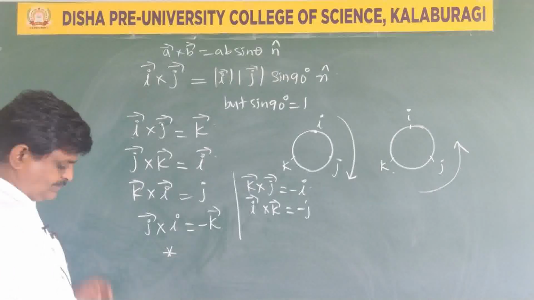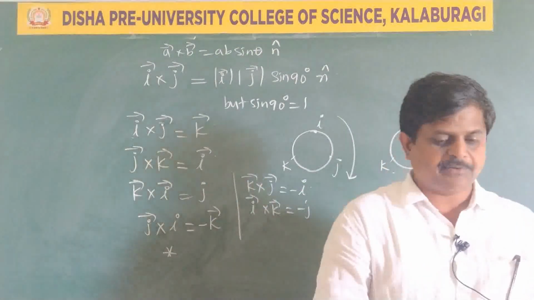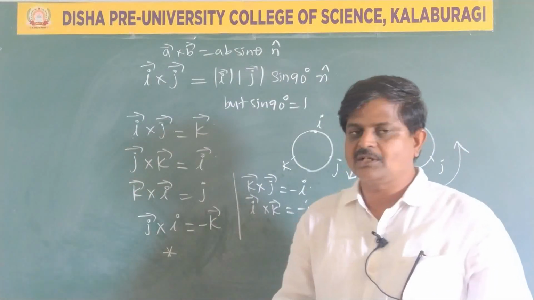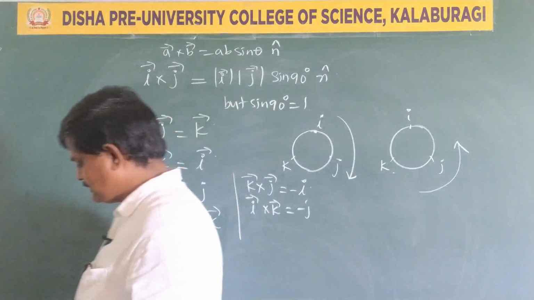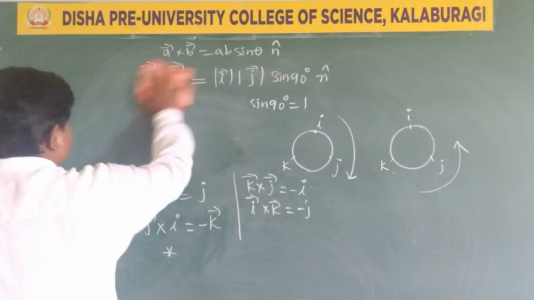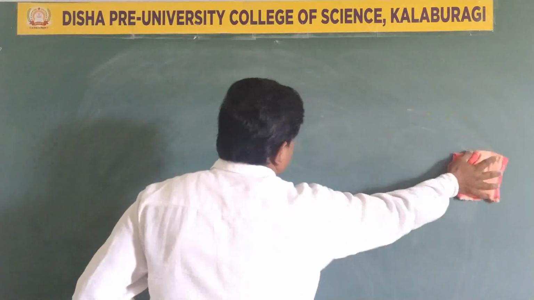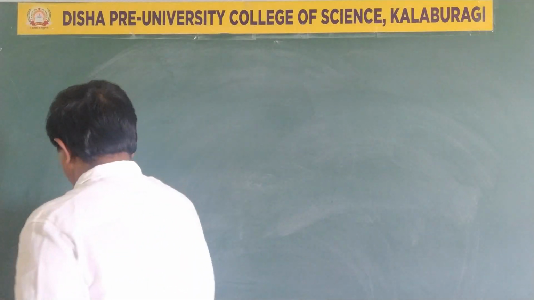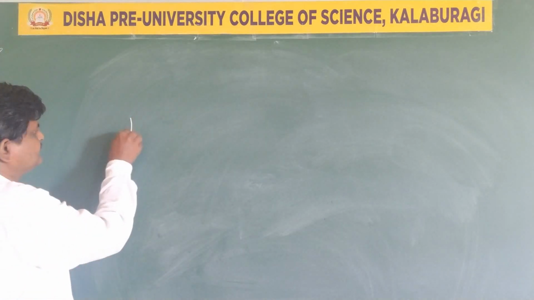And one more. Just now we have seen properties of the cross product. One of the properties was that the cross product of two vectors is a vector. Can you give some example for this? First, angular momentum could be an example.